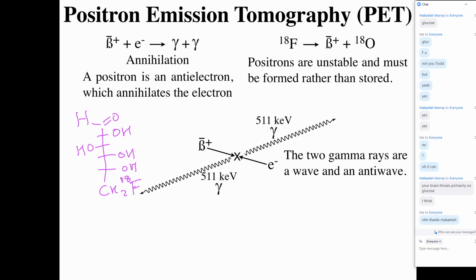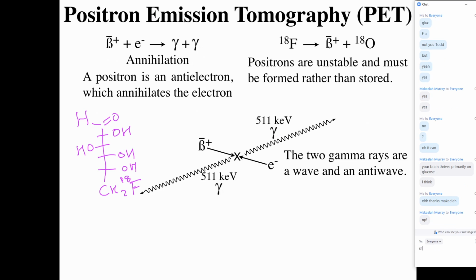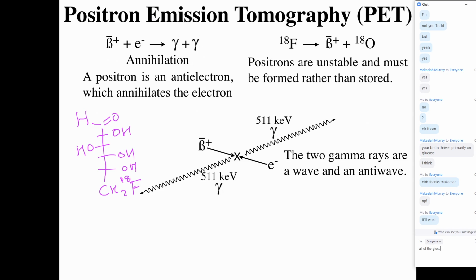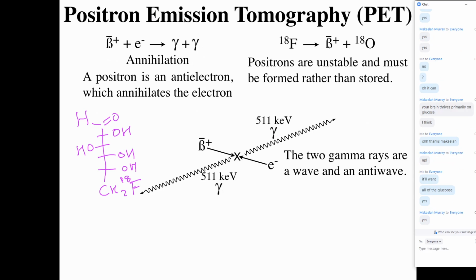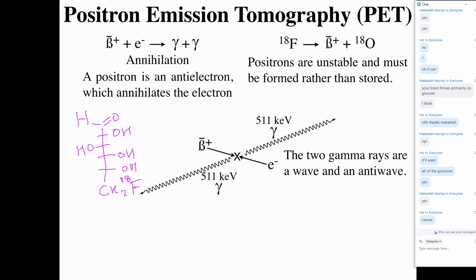So what if there was a tumorous cell in the brain? What would happen? Do tumor cells absorb glucose at a greater rate than other cells? Okay, so what cell is going to pick up the greatest amount of fluorinated glucose, radio-labeled glucose? The tumor cells. Cancerous or not, I'm not sure, but tumor cells definitely will pick it up.